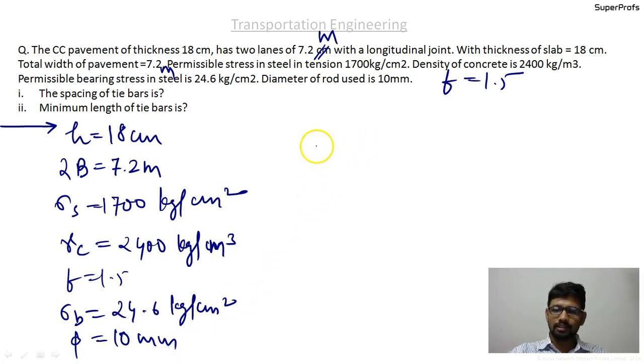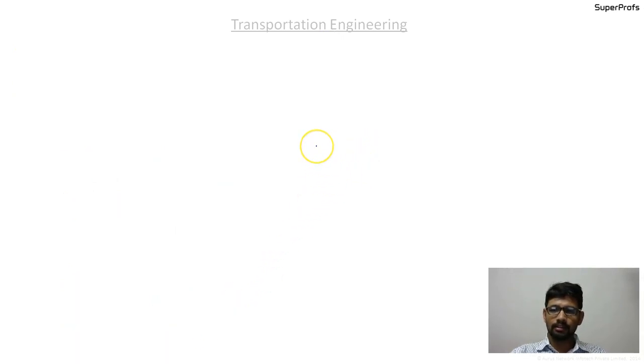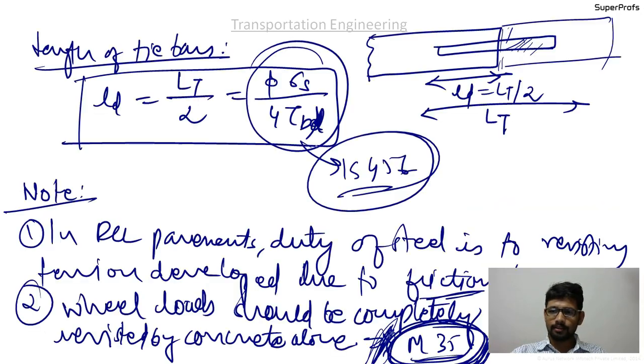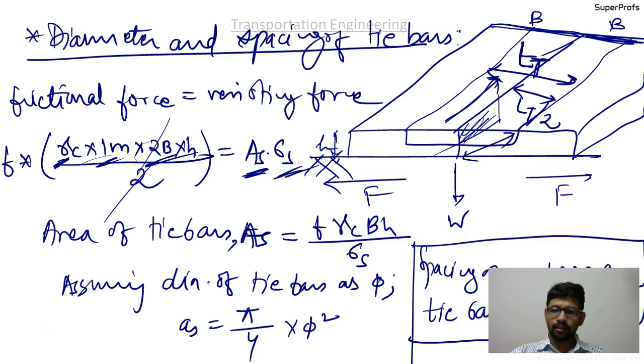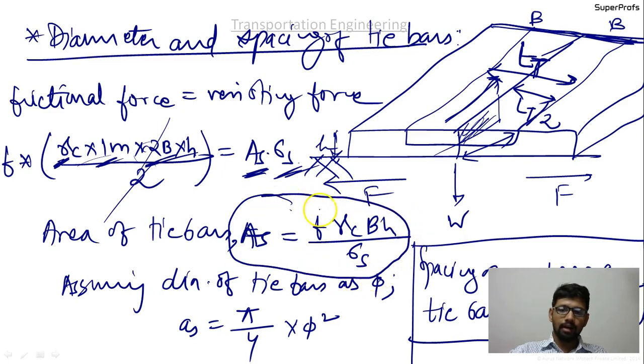So the situation is just like the one we were discussing. These are the formulae that we will be using, and the question that has been asked is the spacing of tie bars. First we will find out the area of tie bars from this formula: A is equal to F gamma C BH upon sigma S. We just derived it from here.